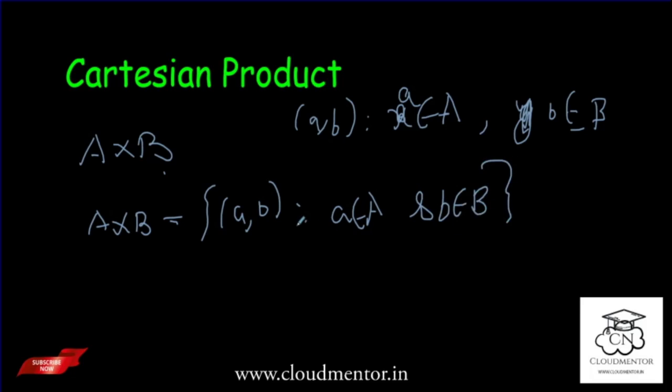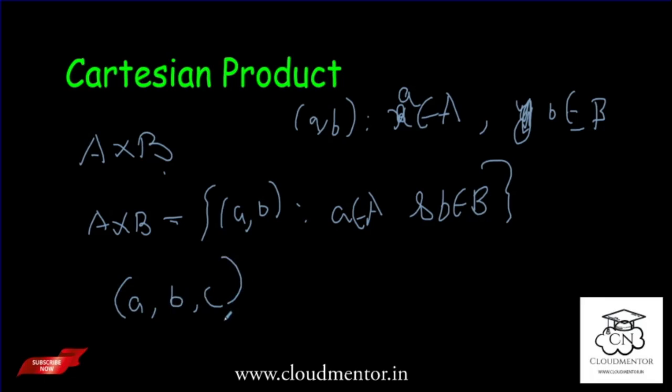This is the definition. If there are three sets A, B and C, and a is an element of A, b is an element of B, and c is an element of C, then we form an ordered triplet, that is (a, b, c).